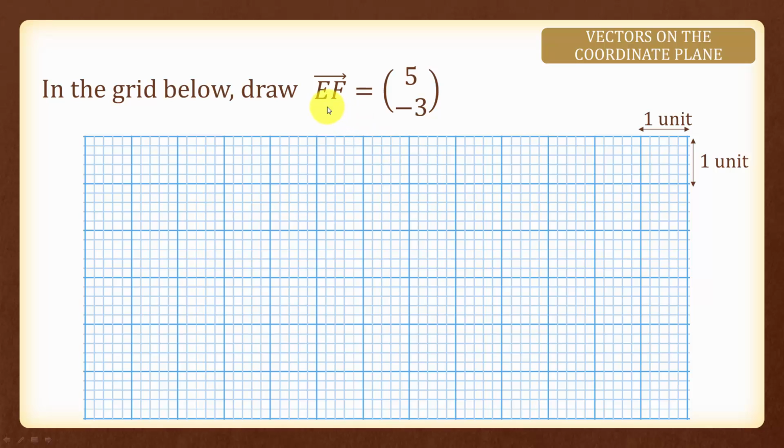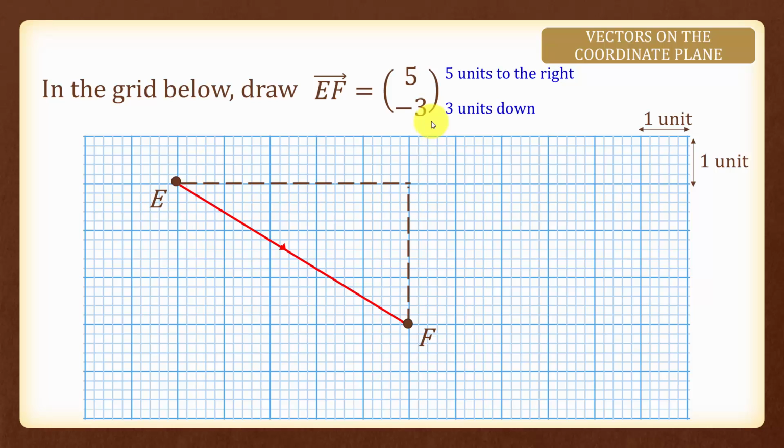To draw vector EF, we will start from point E. We will move 5 units to the right, followed by 3 units downwards. This will give us vector EF. Once again, the x here for the column vectors will be the horizontal distance, and the y here for the column vectors will be the vertical distance.